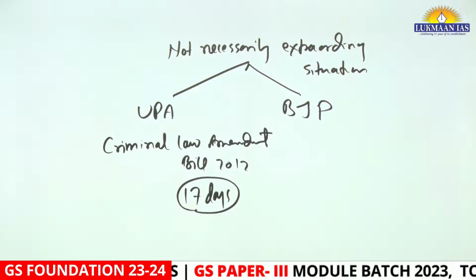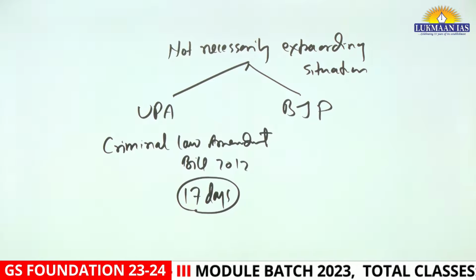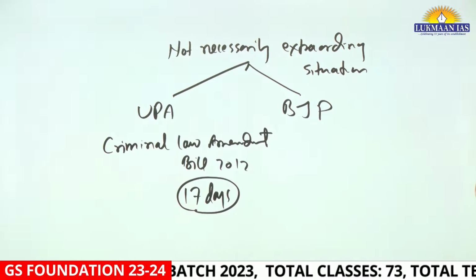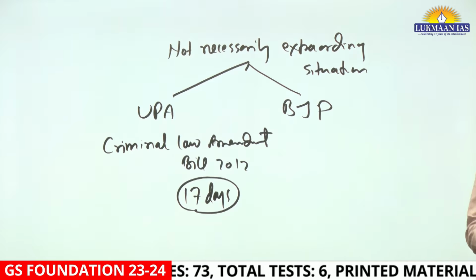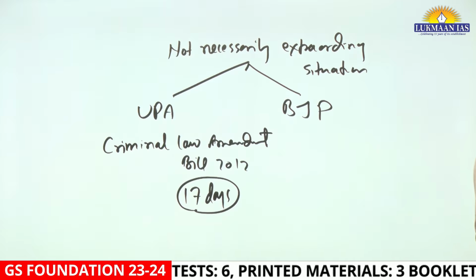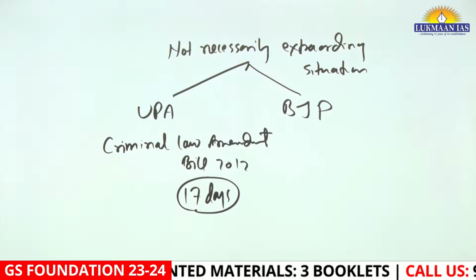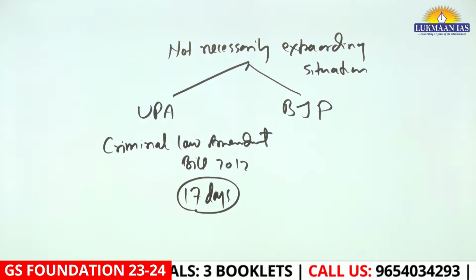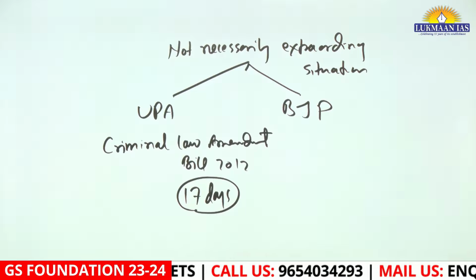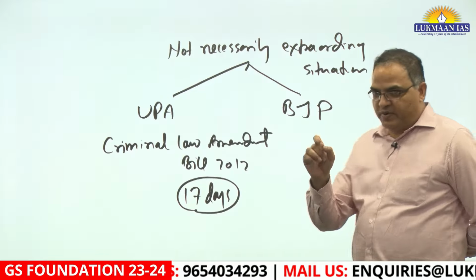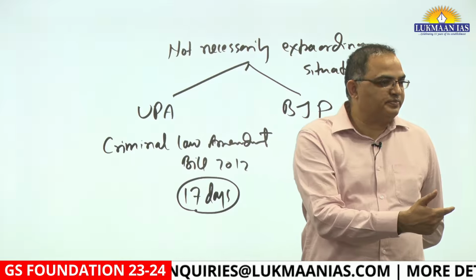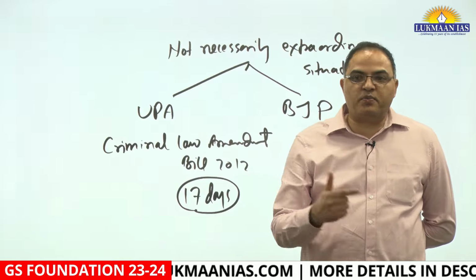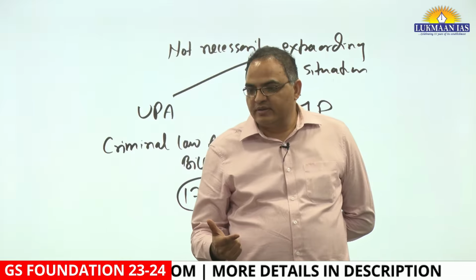Anyhow, the question is, what do we say? It is not urgent. You cannot prove that it is an urgent situation because the law cannot stop the Nirbhaya incident, and those who committed that heinous offense would not get punished under that law, because criminal law you cannot impose retrospectively.